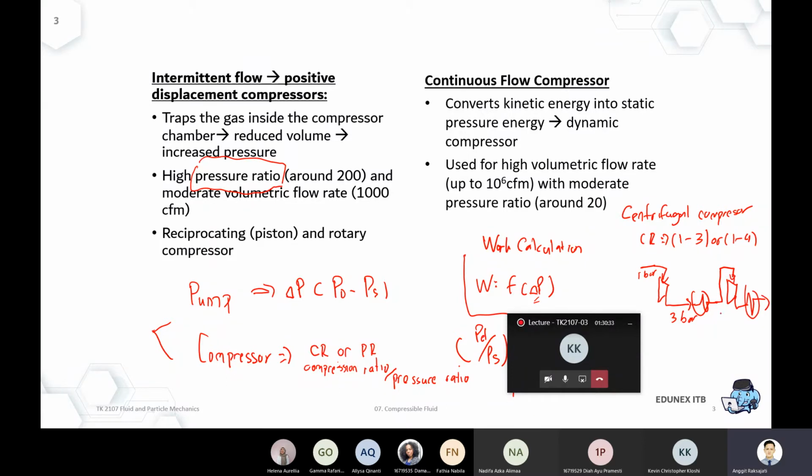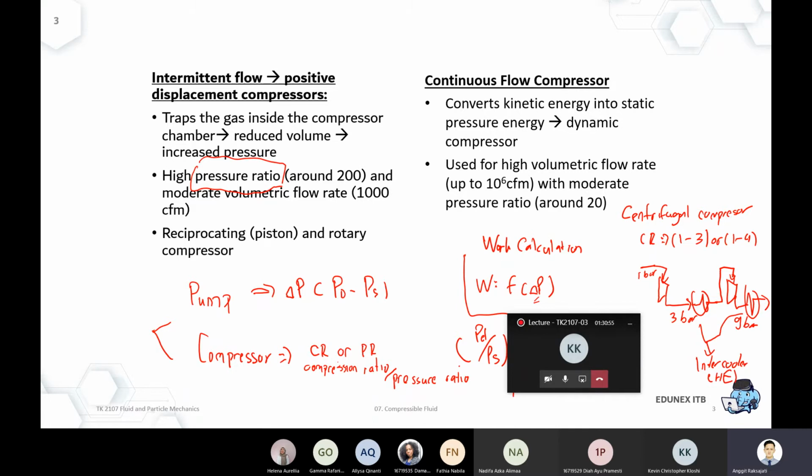From 3 bar, now you get 9 bar. If you need 27, you go to another stage. You go to 81, you go to another stage and so on. So there are a lot of different components. Now you have an intercooler, for example, which is a heat exchanger to cool down the process.